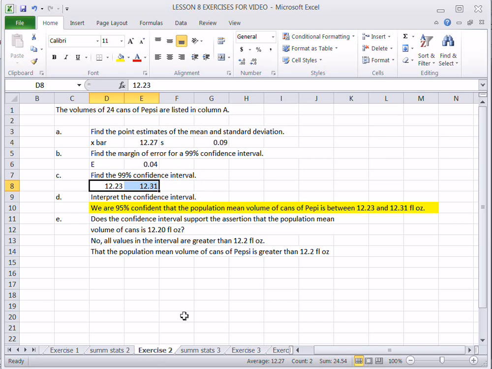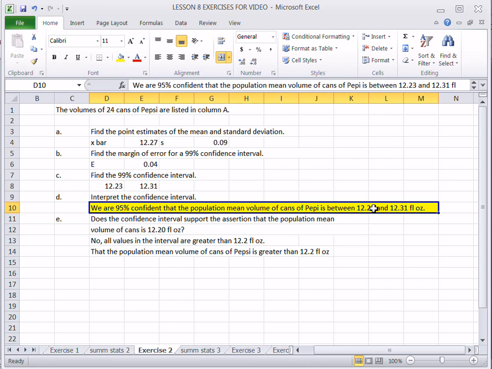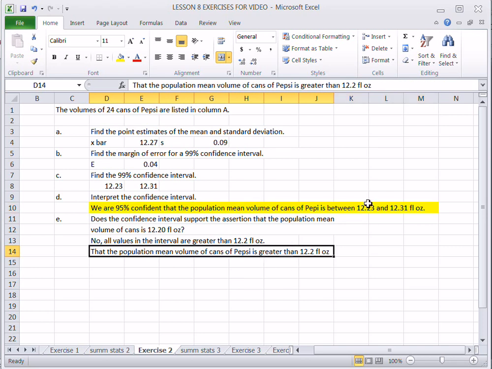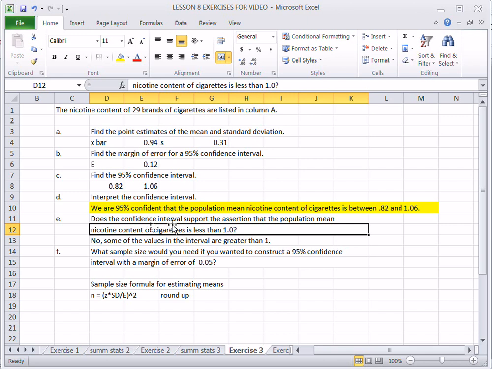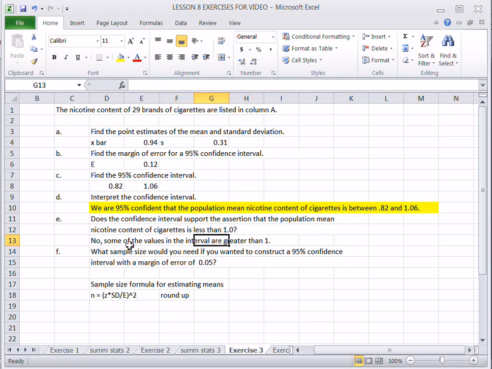In exercise 2, we said, did it assert that it is 12.2? We said no, not in there, but we could assert greater than 12.2 because everything in here was greater than 12.2. So for this one, does it support the assertion less than 1? No, because some values are bigger than 1. Okay? All right.